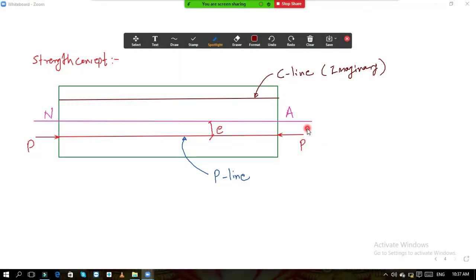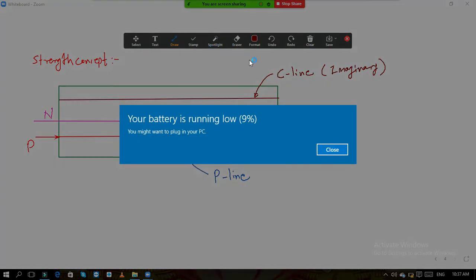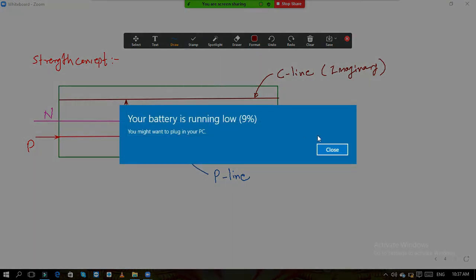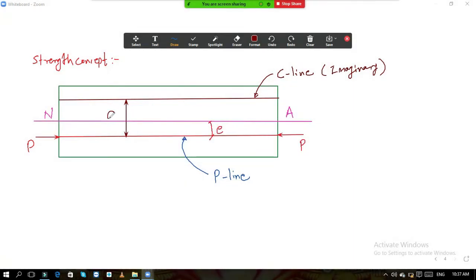Now the distance between these two lines, the P line and the C line, is called the shift, and it is denoted by the letter a.